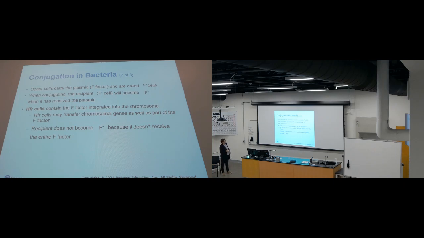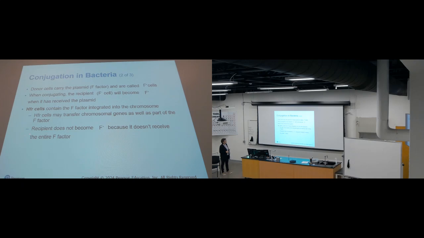Okay. So then we know that the donors that carry the F factor are called F plus, and the ones that lack it are F minus. And then we have some cells that are called high frequency recombination cells, or recombinant cells, that have the F factor integrated into the chromosome.